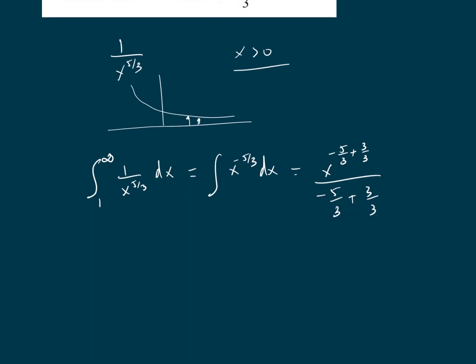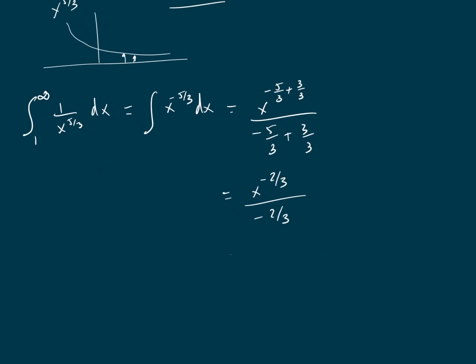What is that? It is x^(-2/3) divided by -2/3. So this is equal to -3/2 times 1 divided by x^(2/3), and this has to be evaluated between 1 and infinity.